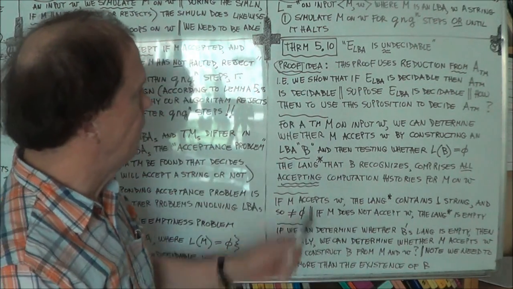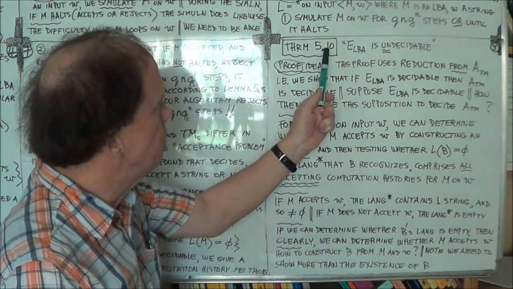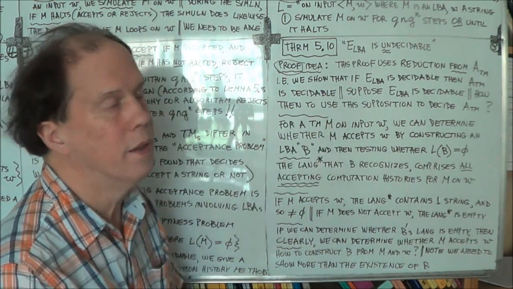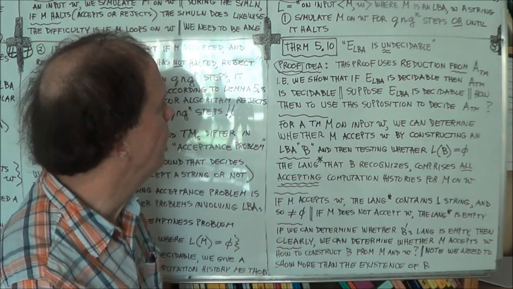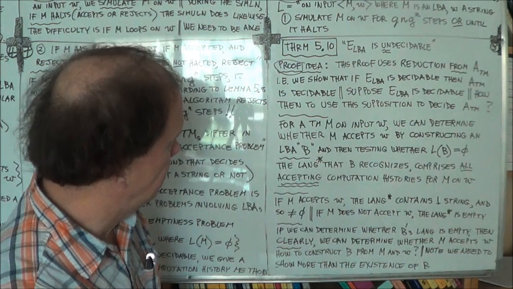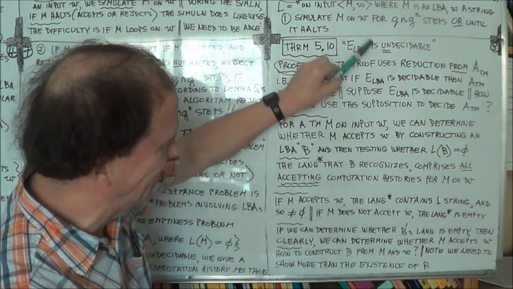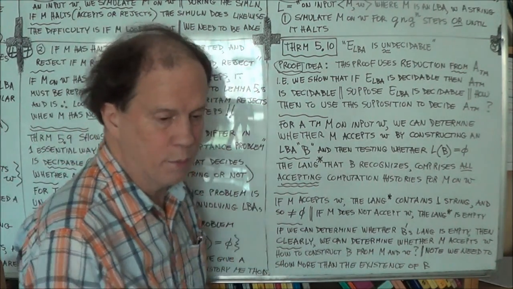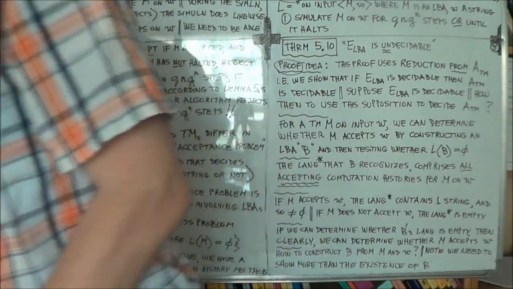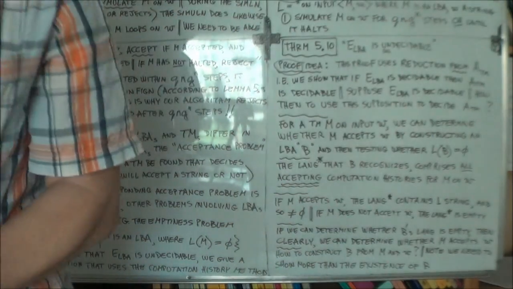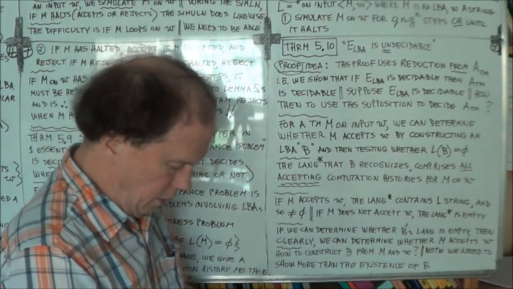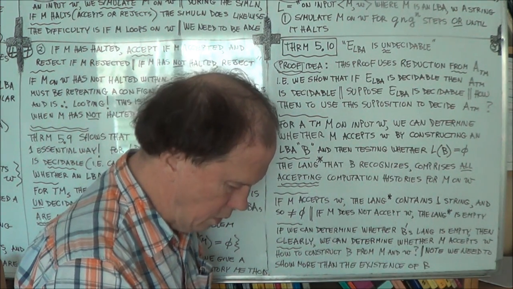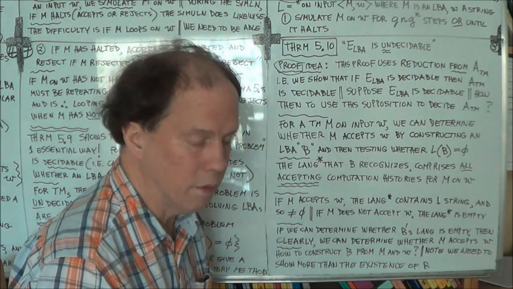So theorem 5.10, that E_LBA is undecidable. Unfortunately, even though it's all square, we just get started. The proof, well, the proof idea, is a bit over a page, maybe a page and a half of text.